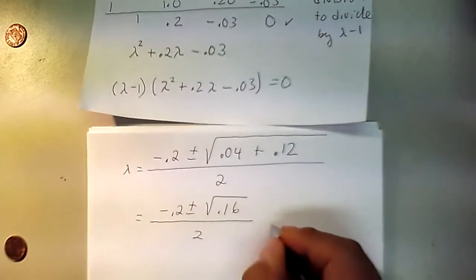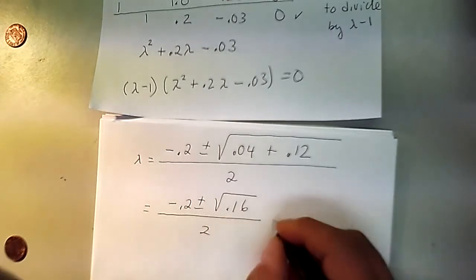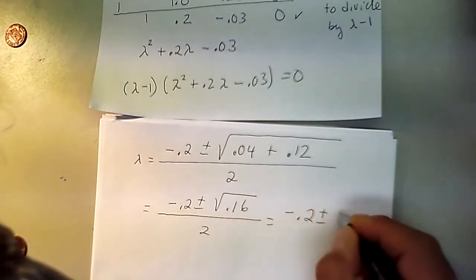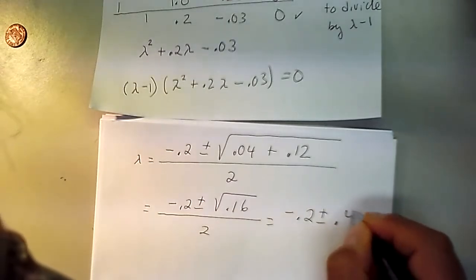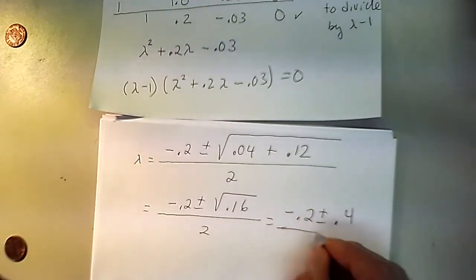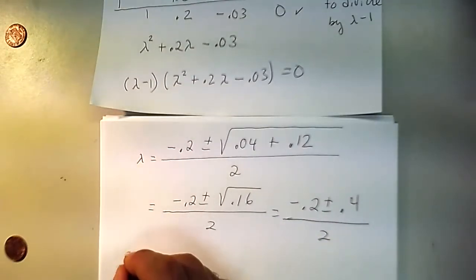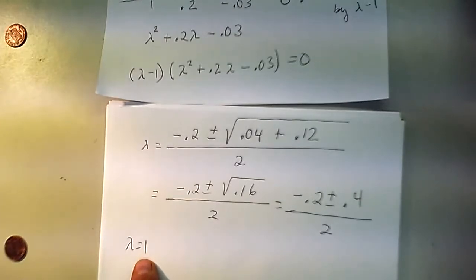That is negative 0.2 plus or minus square root of 0.16 over 2. And everybody knows that square root of 0.16 is 0.4. So this is negative 0.2 plus or minus 0.4 over 2. And that gives us two possible solutions. So lambda equals 1 was the first one. Anytime you have a Markov matrix, lambda equals 1 is going to be one of the eigenvalues.